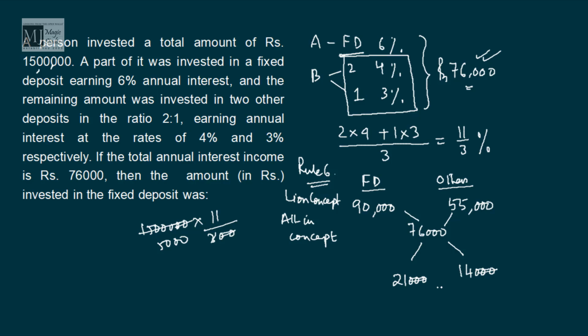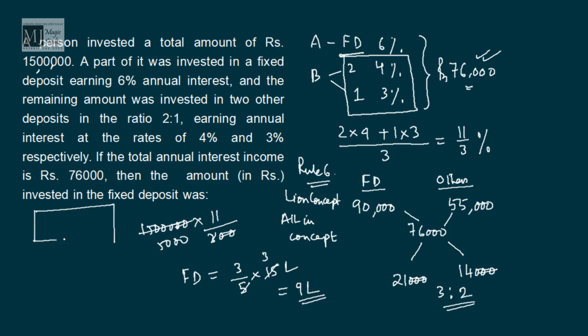So I can see the investment is in the ratio of 3:2. So how much is invested in FD? Investment in FD is 3 by 5 of 15 lakh, that is 9 lakh. Since we need to type in the amount in rupees, the answer is 9 lakh.